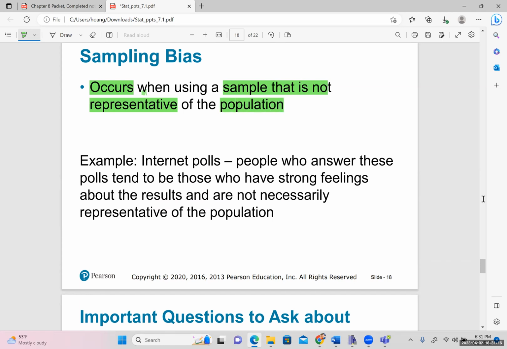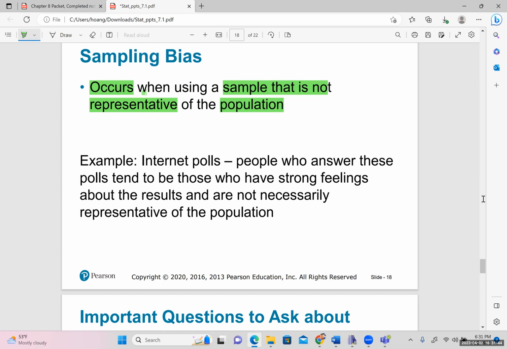So, for example, if I do internet polls, most people who answer this poll tend to be those who have strong feelings about the result and are not necessarily representative of the population.